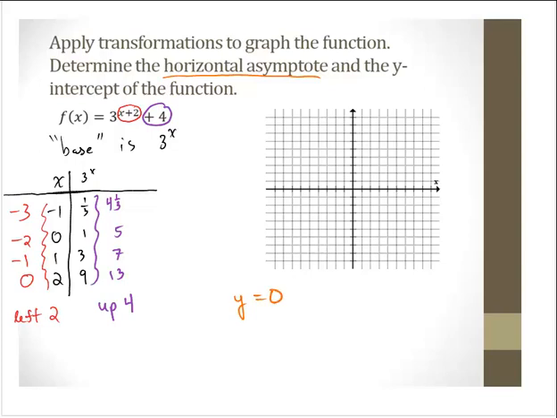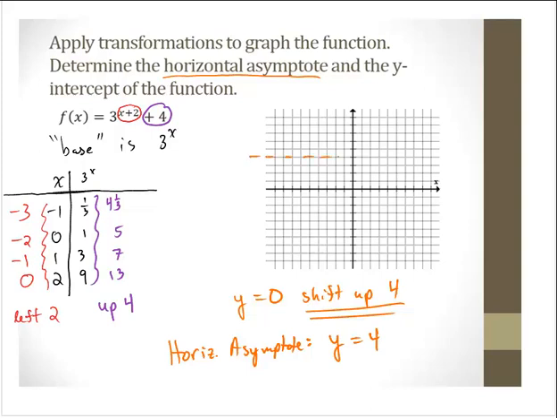Y equals 0, but it's also being shifted up 4. So the horizontal asymptote is going to be at y equals 4. All right, so let me go ahead and draw that in.